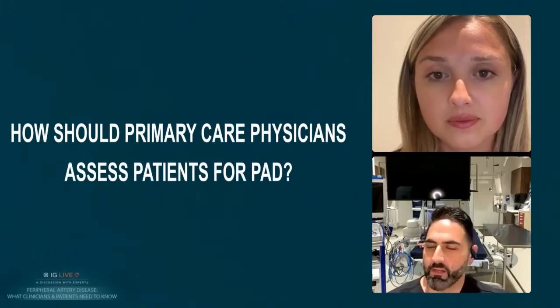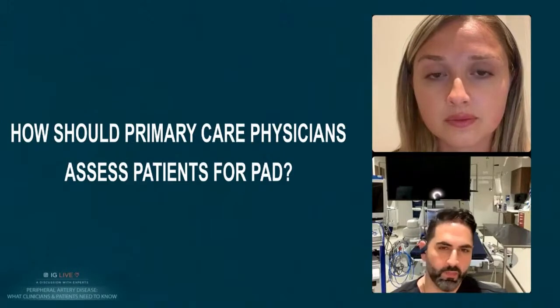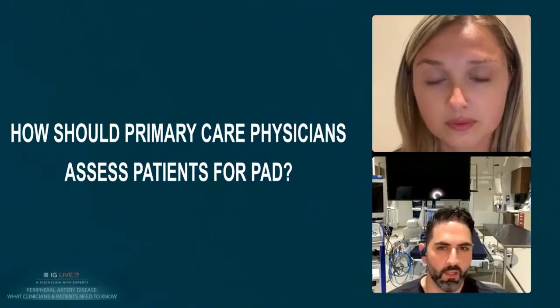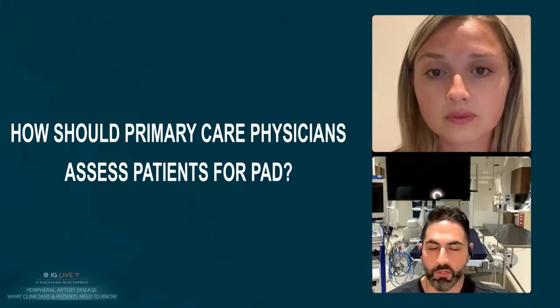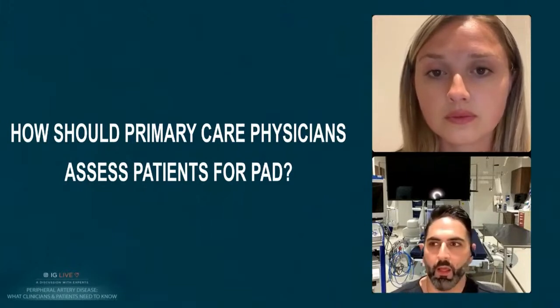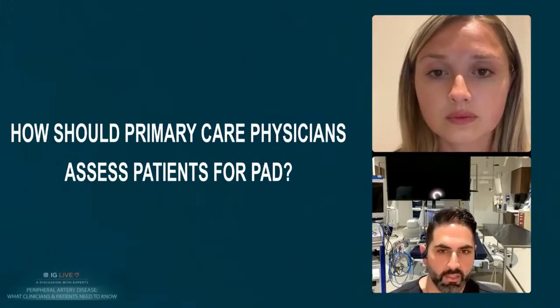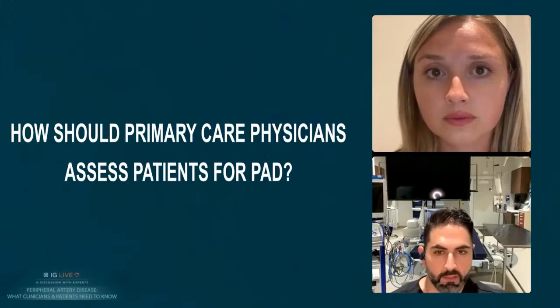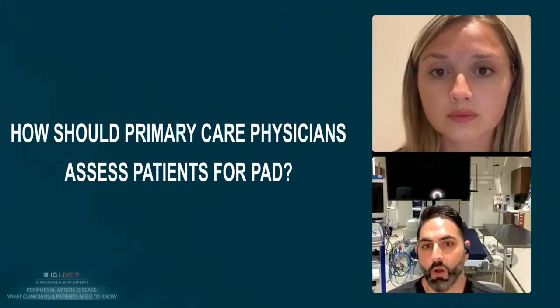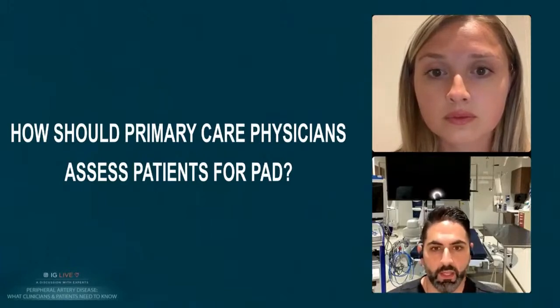Yeah, in medicine, Shannon, we've sort of been programmed to be symptom driven, which is the same way of saying, don't go looking for problems in your patients unless your patients present to you a symptom or a problem. And usually that symptom would be pain in their legs, especially with ambulation or walking. This is known as claudication.